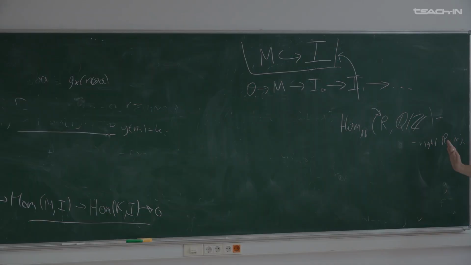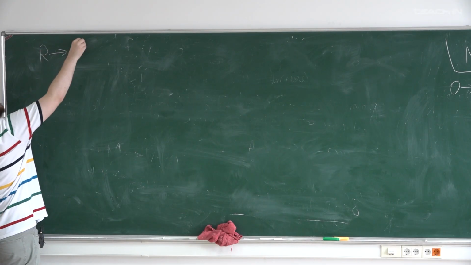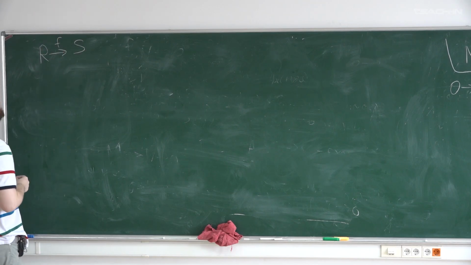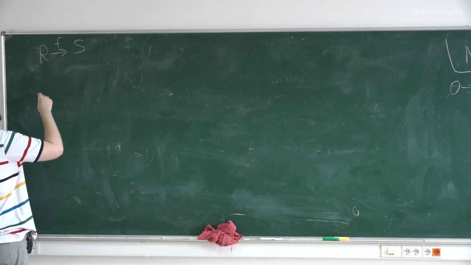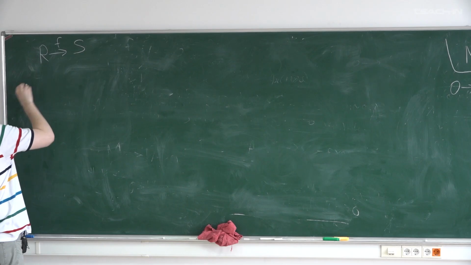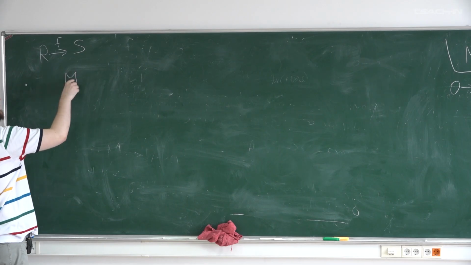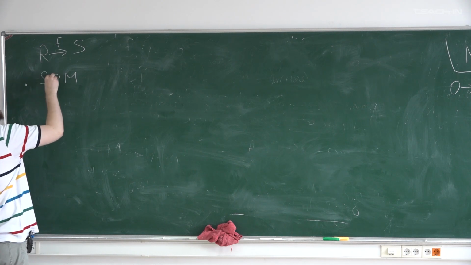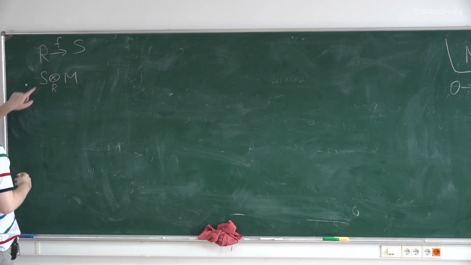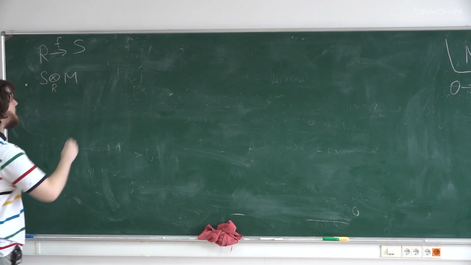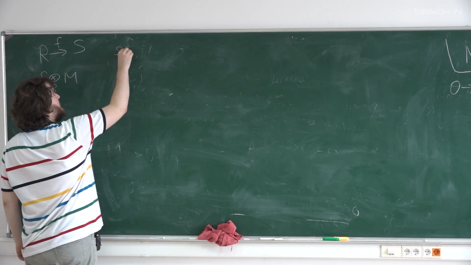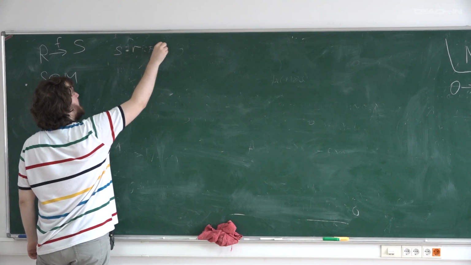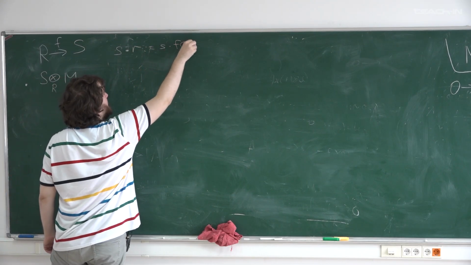And now I want to check this. Okay, now we have something like this. We have ring homomorphisms, and for example, two parts. If I have some left R module, and I consider the tensor product, here I consider the right R module structure on S by this definition: S multiplication by R is by definition S right multiplication by f of r.